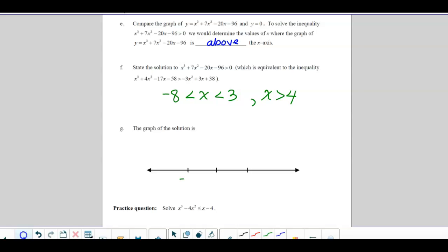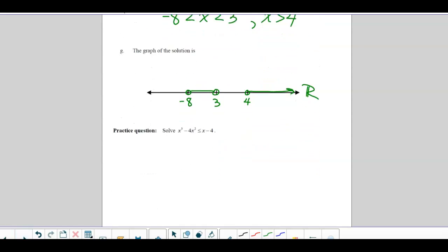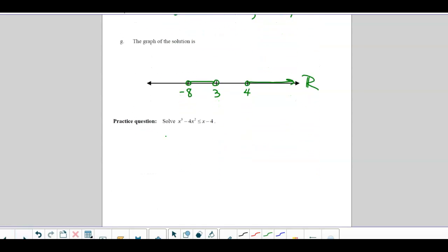Then we graph that, -8, -3, 4. So open circle, join, open circle, beyond. Okay? And then if you want to do the practice question, so here, x cubed minus 4x squared minus x plus 4 less than or equal to 0.